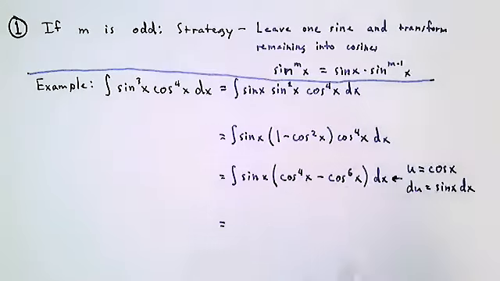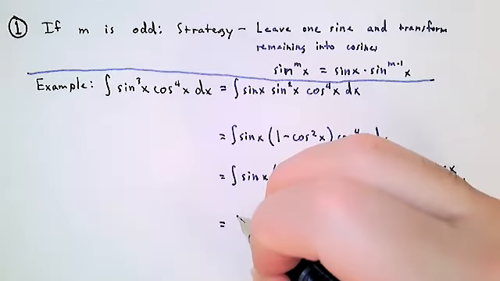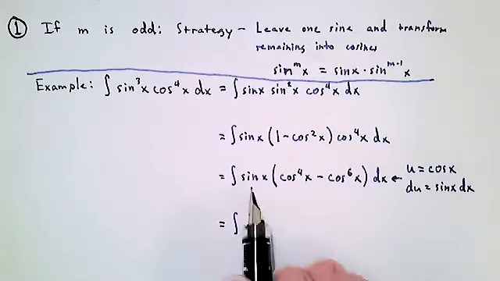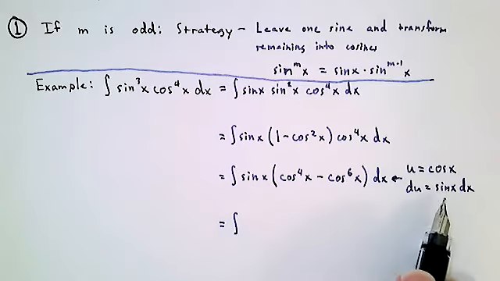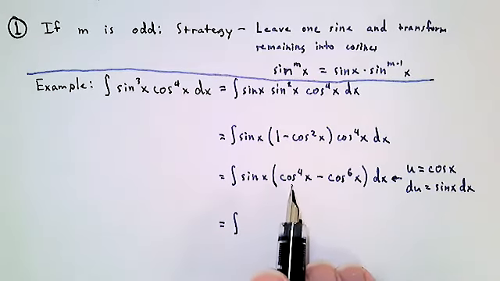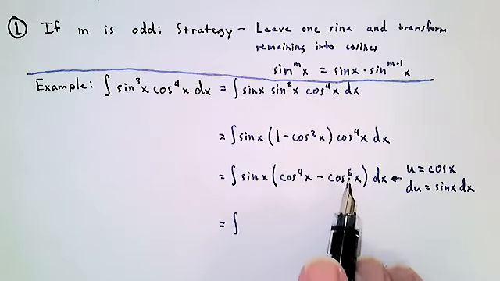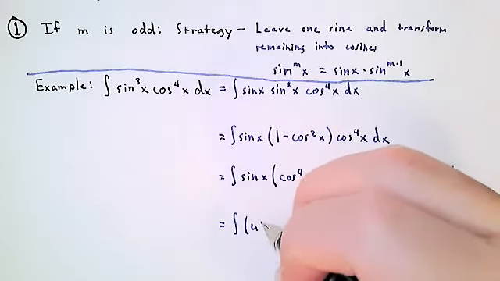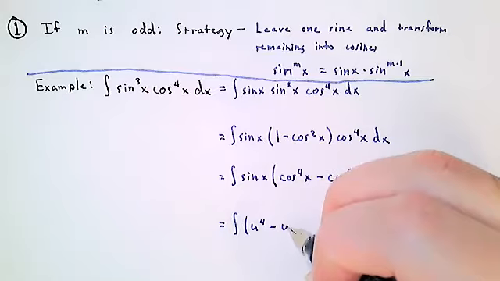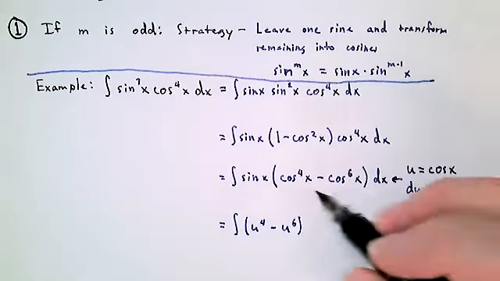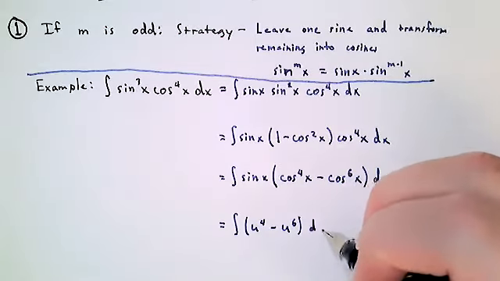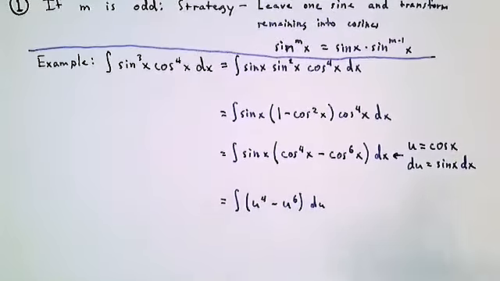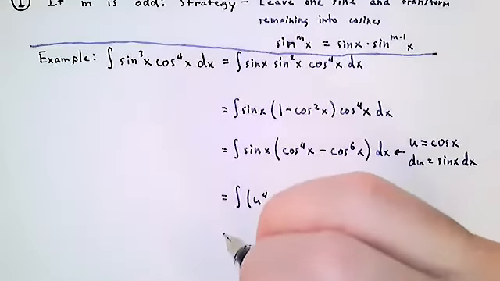So in the next step, we aren't going to have any trig functions left. The sine x and the dx will be collected together to become the du. And here we have a u to the fourth power minus u to the sixth power. And then the sine dx is du. Okay. So what is my antiderivative here?